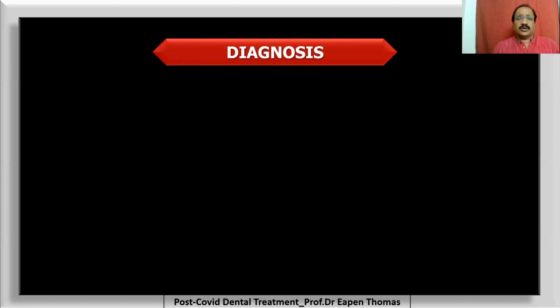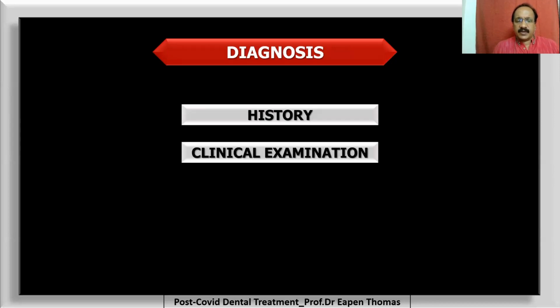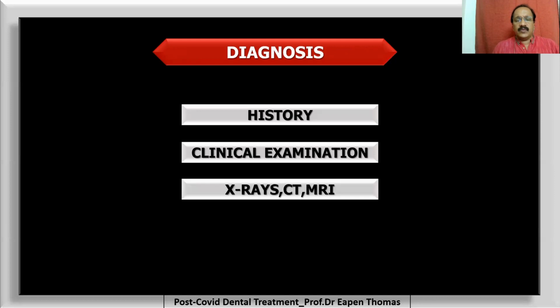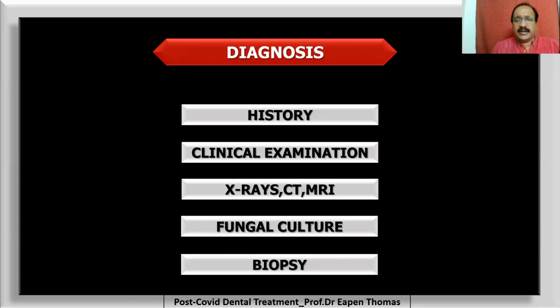Now, how to come to a diagnosis? Based on the history, I told you have to take a detailed history. I've already mentioned what all things to be covered in the history part. Then based on the clinical examination, I've already explained what the things in the external examination and the internal examination are that one should look out for. And then the various investigations, X-ray, CT, MRI, all these will help in finding a probable diagnosis, but the confirmatory diagnosis is based on your fungal culture or a biopsy, which is done by an OMFS surgeon or an ENT surgeon.